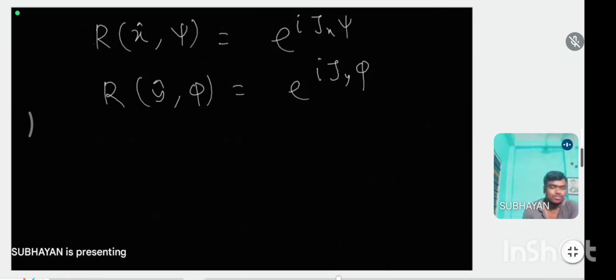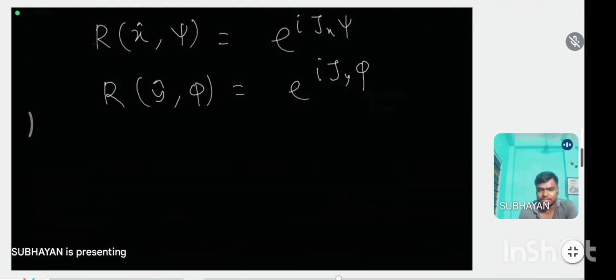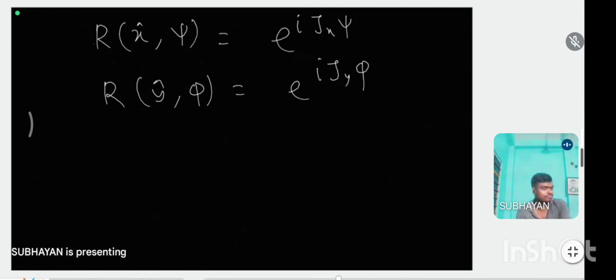It's an operator form of the rotation. It's the quantum operator form because these Jx, Jy are quantum operators. In the classical generator form, they were just classical numbers. But now these are operators, which are in matrix form.